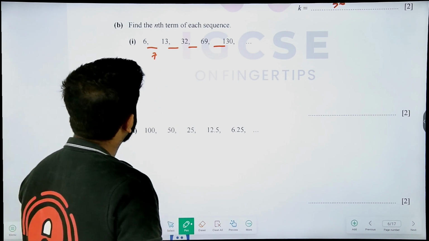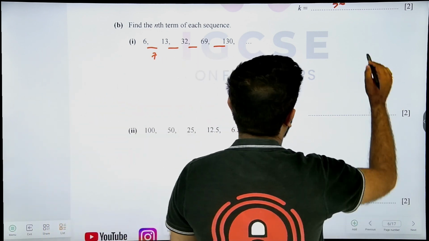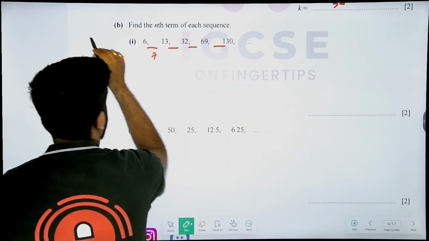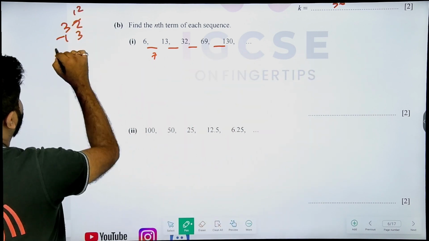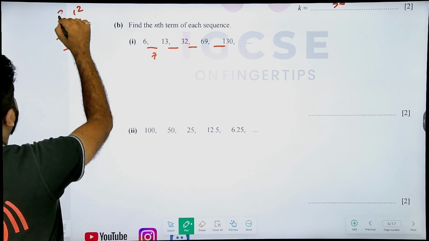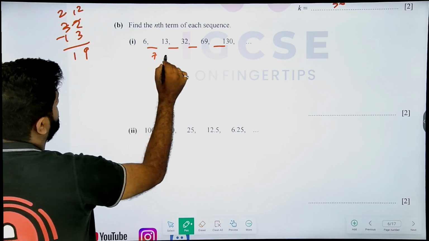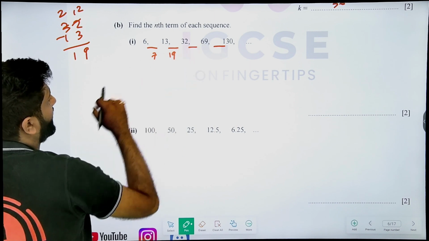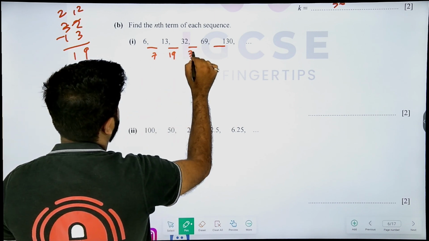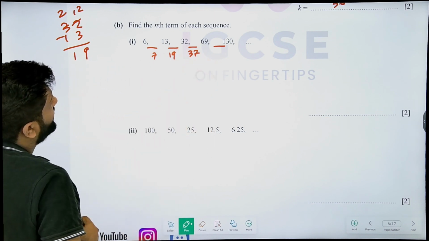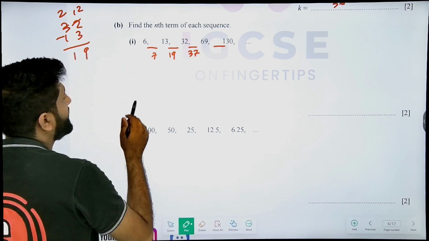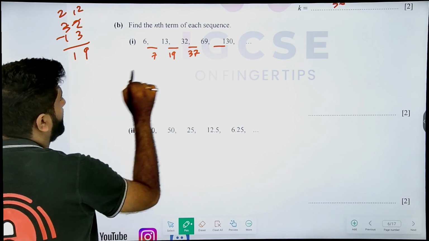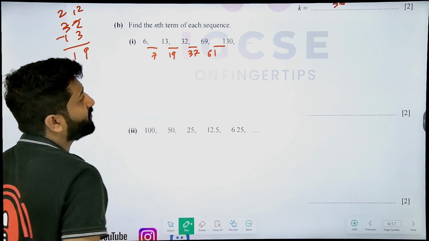The difference of the next is 32 minus 13, which is 19. Again, the difference of this is 37. And the difference of this seems to be 61.